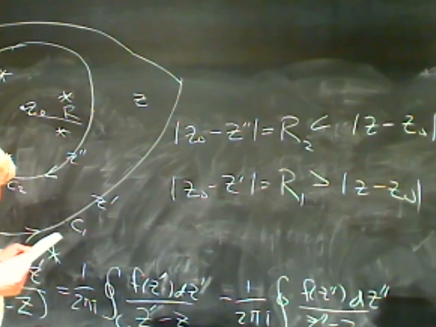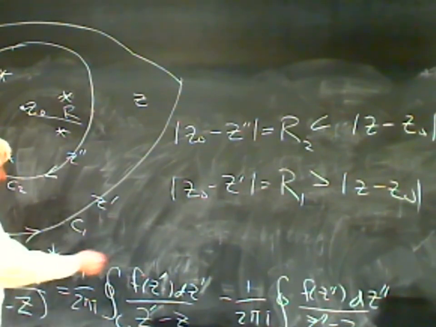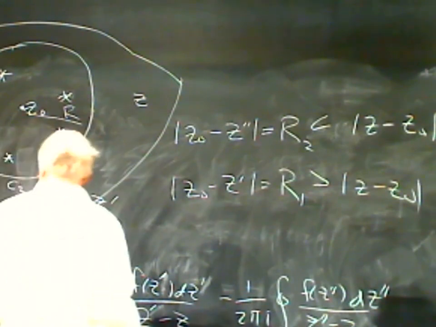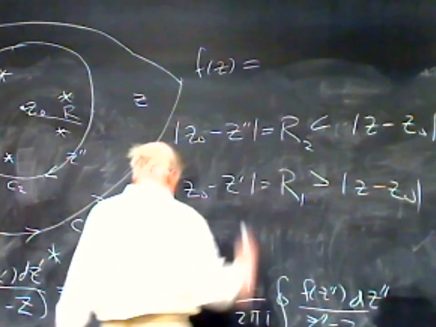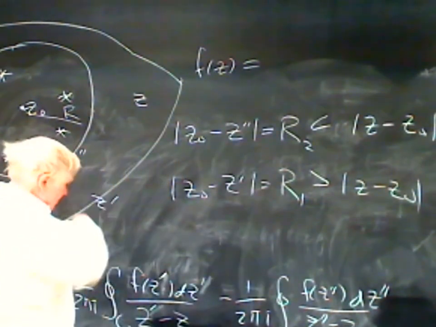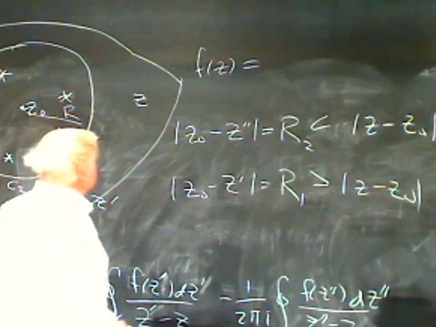Okay, well, we can use these to rewrite these integrals. And so what I'm going to do is write it this way: f of z equals, in the first integral, I'm just going to insert z0 twice with different signs.